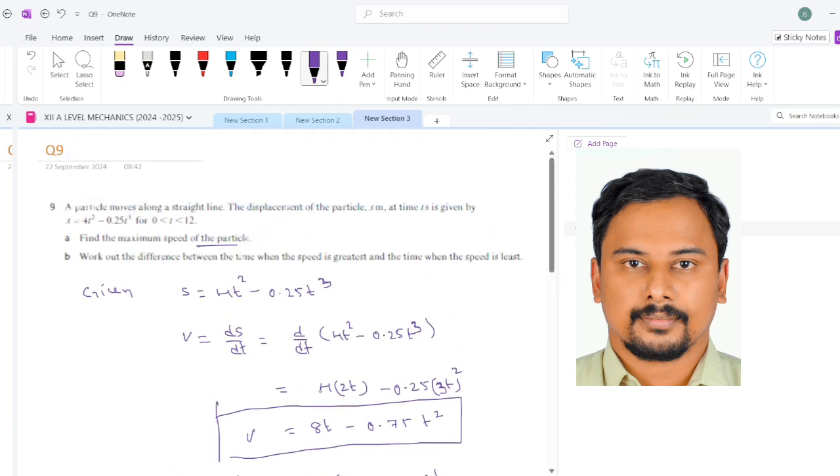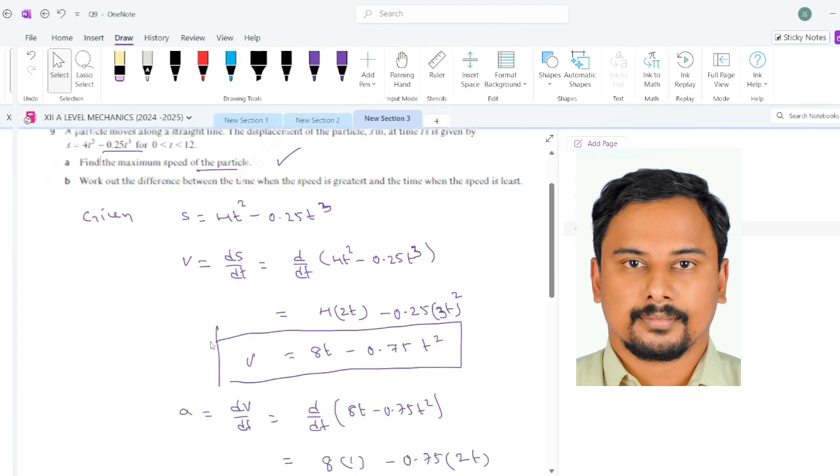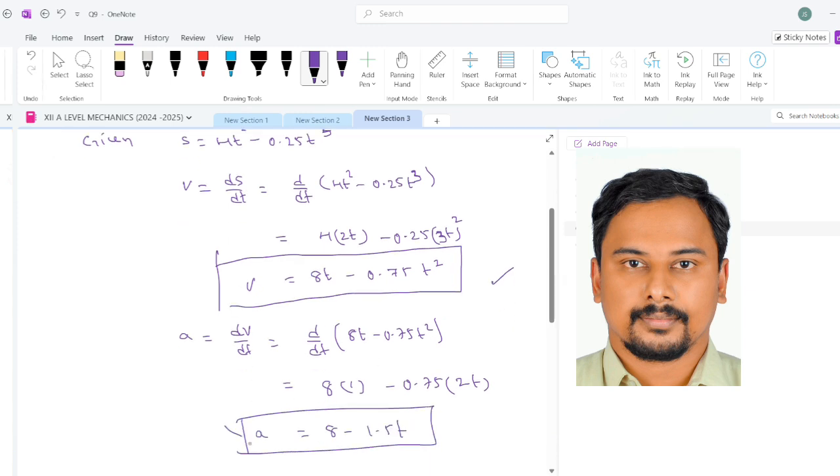Work out the difference between the time when the speed is greatest and the time when the speed is least. In the first part we got the maximum speed of the particle. To get the maximum speed, the acceleration should be equal to 0. But here the displacement equation is given, so first I differentiated to get velocity, and second time I differentiated to get the acceleration.